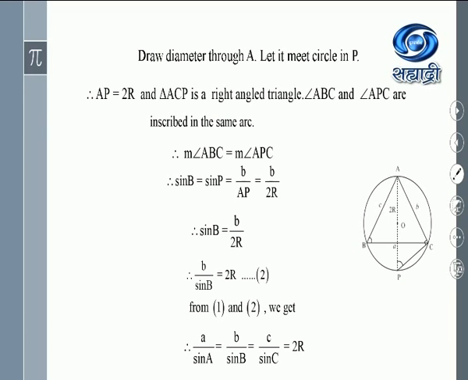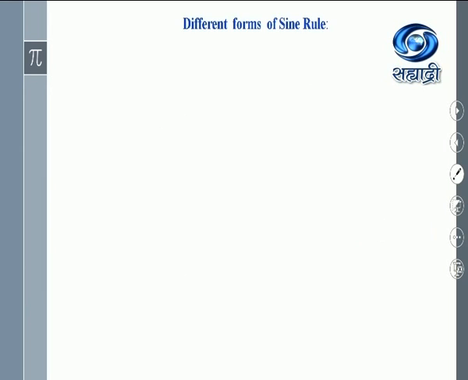This is a very important result, or the rule you can say, which is called the sine rule. So the ratios of the sides of the triangle are in proportion with the sine ratios of their angles. So this is called the sine rule.